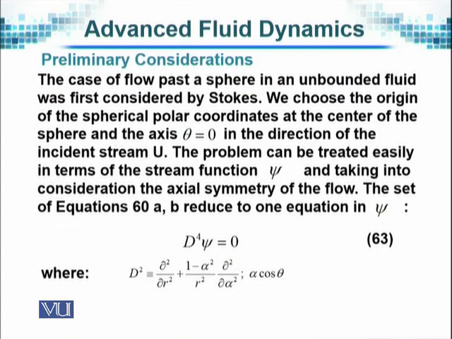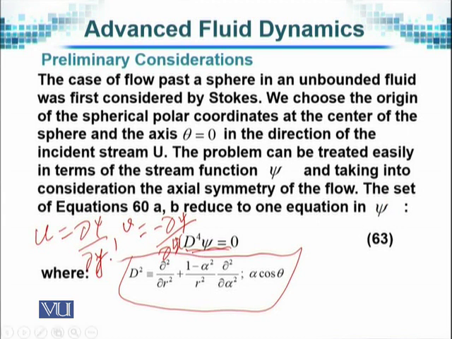By substituting, as you know, that u is equal to d psi by dy, and v is equal to minus d psi over dx, the equations of motion can be reduced to del to the fourth psi equal to 0, where we take del square to be this term, and we can verify it.